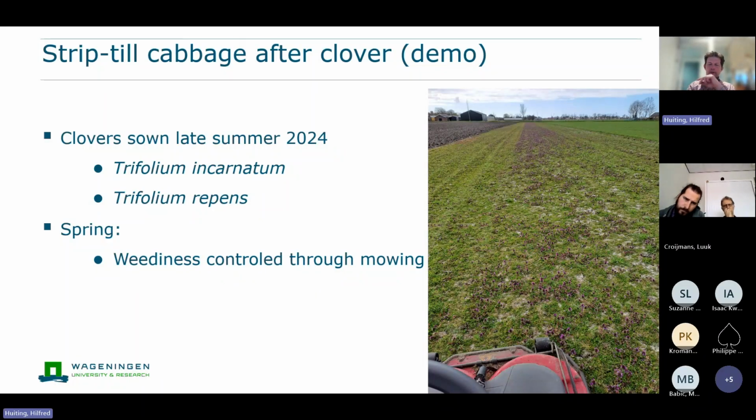You see in early spring the picture on the screen, and we had some weediness there. So to control the weeds as best as possible, we did weeding before planting and continued weeding also to control the clover in competition with the cabbage later on. We'll see that.